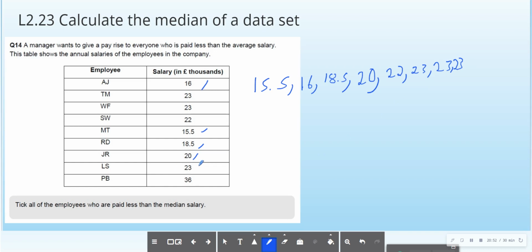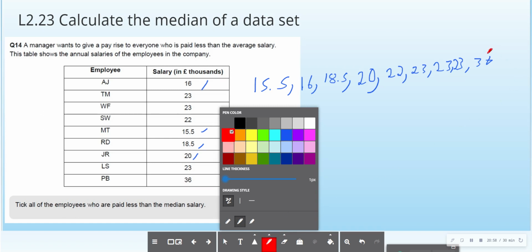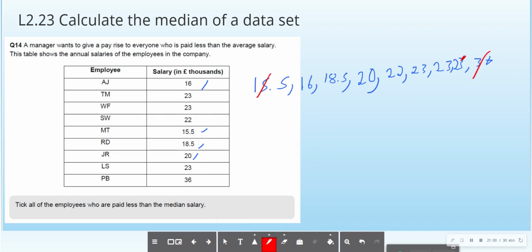And then 36. And then I just cross off from each end until I get to the middle. So one from this end, one from this end, and so on. So our median is 22.